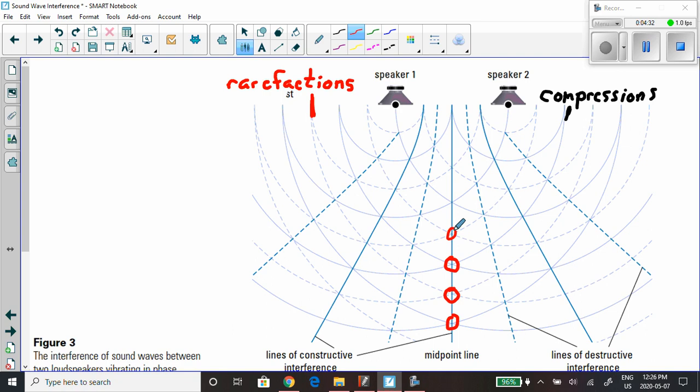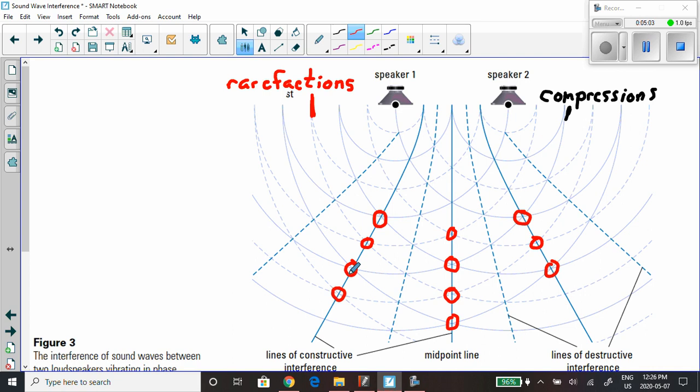So here you get constructive interference along here all the time. It would sound loud to you. Similarly here, look, rarefaction from one meets rarefaction from the other, or compressions meet, right? Always the same thing. Solid line meets solid line. Dashed line meets dashed line. And remember, solid lines mean compression, dashed lines mean rarefaction.